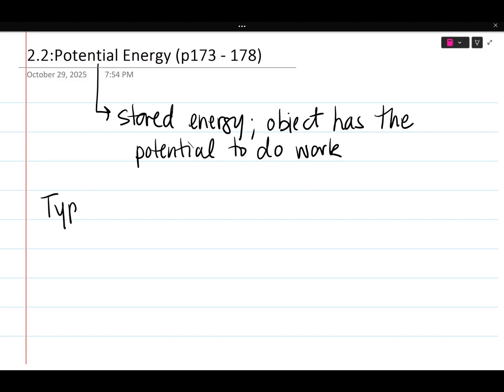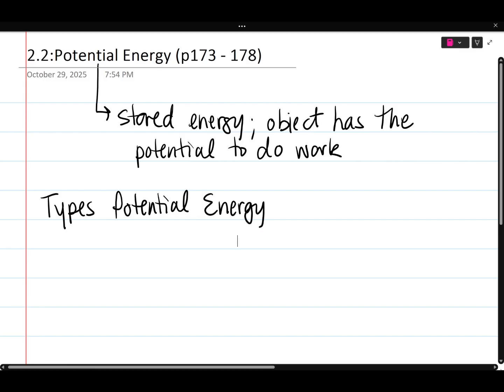There are multiple types of potential energy. We are going to be talking about 3 types of potential energy, and then we'll go into detail on the last one. Okay, so one form of potential energy is chemical potential energy.